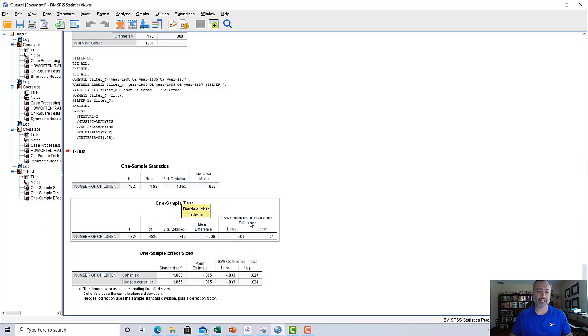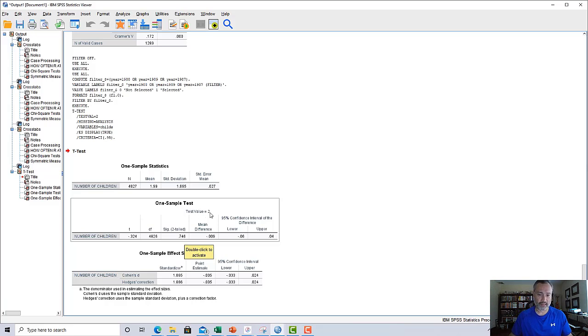Now here is the actual test. And we're interpreting the test the same way that we interpreted the statistical significance of chi-square. So you're looking at the sig two-tailed value. If it is 0.05 or below, then that means that there's a statistically significant difference between the test value and the sample statistic.